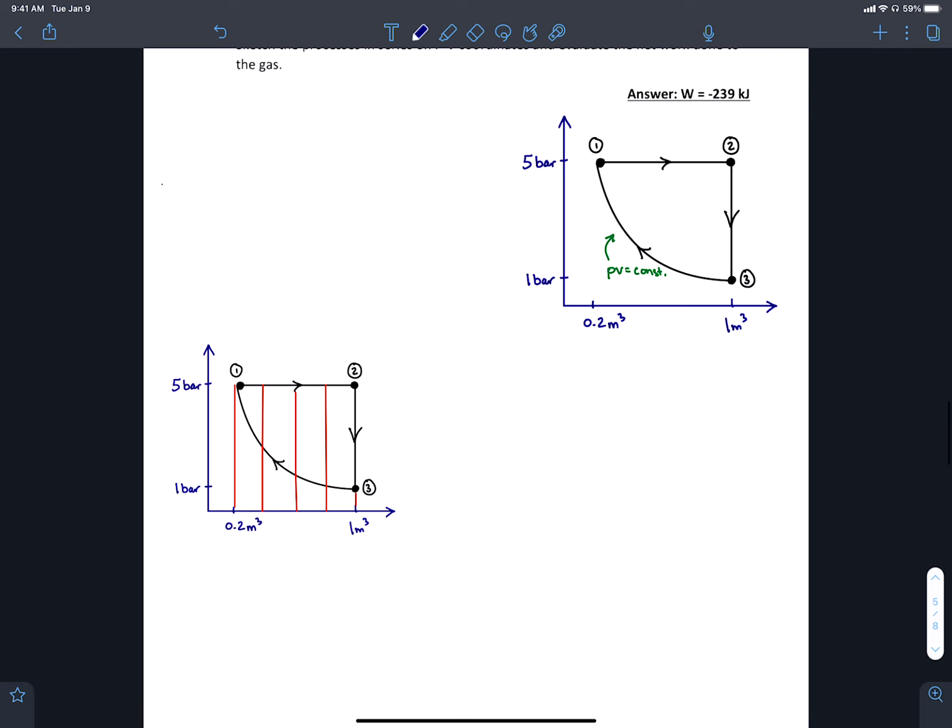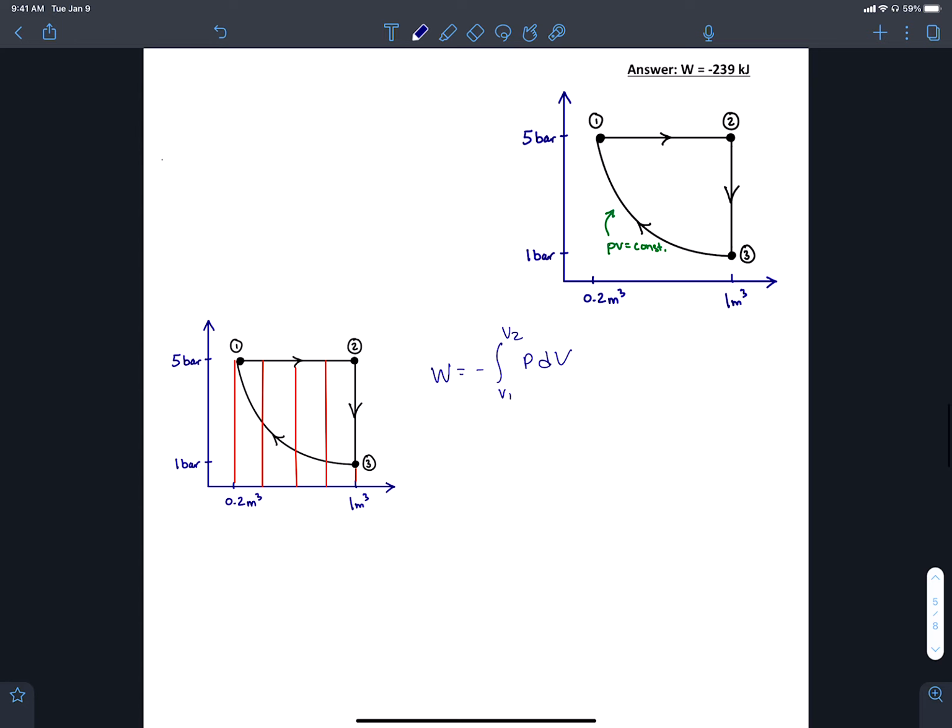Okay, so I've actually broken this down into each separate state, just looking at the work. The red lines represent the work done between 1 and 2. For 1 to 2, it's pretty straightforward, just like we've been doing. Work equals negative integral from V1 to V2 of P dV, and this is just negative P times (V2 minus V1).